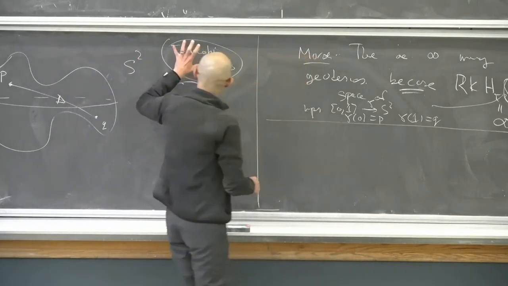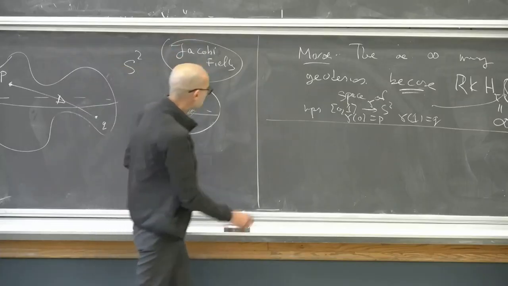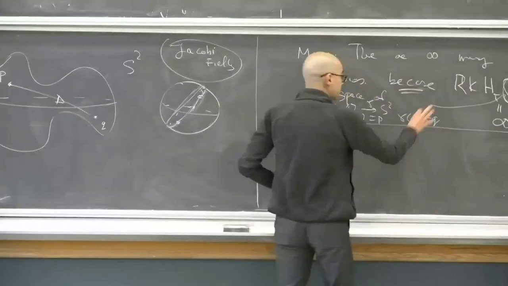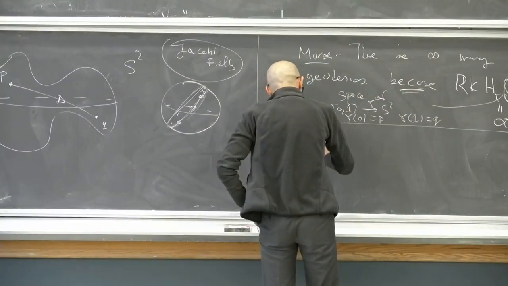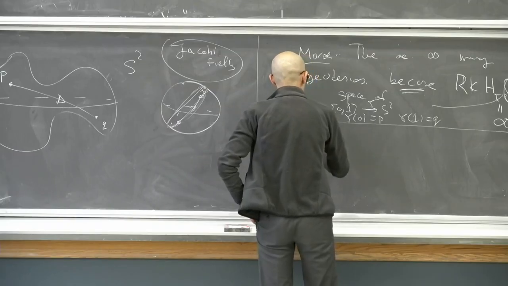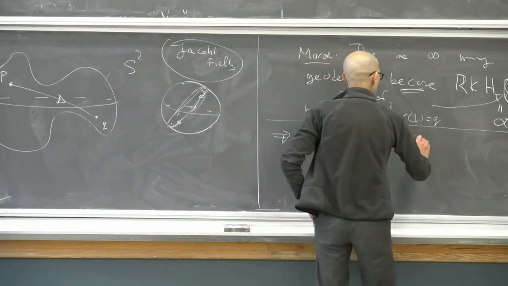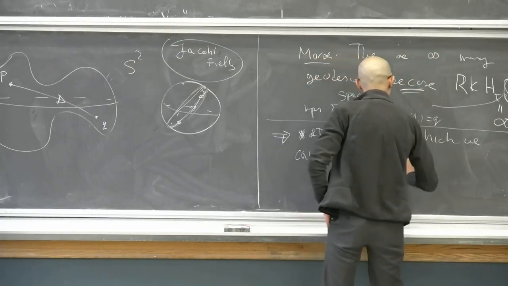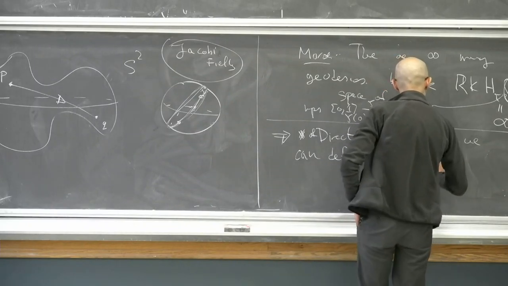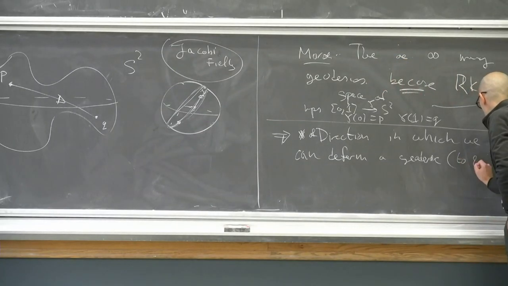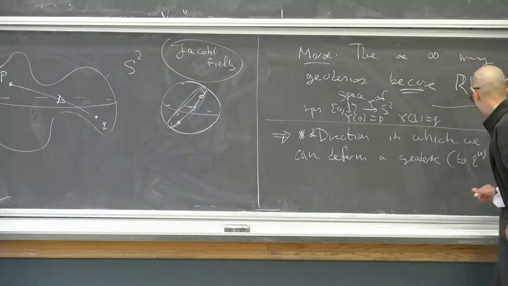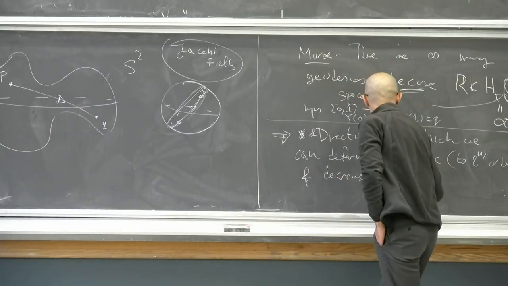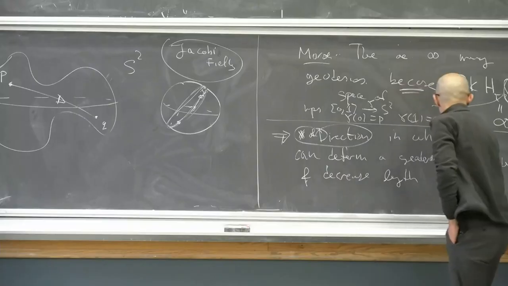Anyway, the fact that there's this theory of Jacobi vector fields, and there are only finitely many of them, tells you that even though this space of paths is infinite dimensional, the number of directions in which we can deform a geodesic, and here I have to say to second order, because being a geodesic basically tells you it is a critical point, so second order, and decrease length, this number of directions is finite.